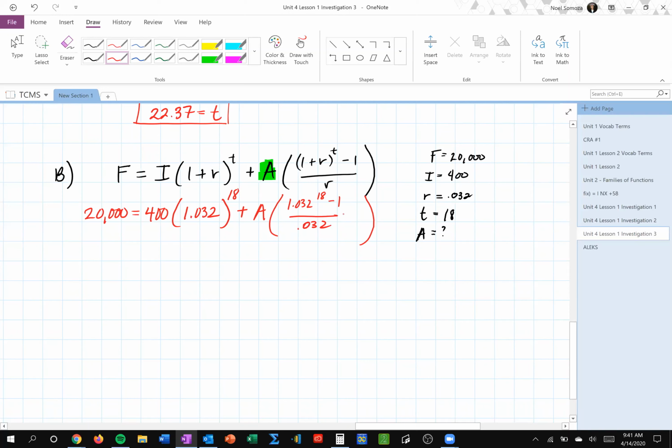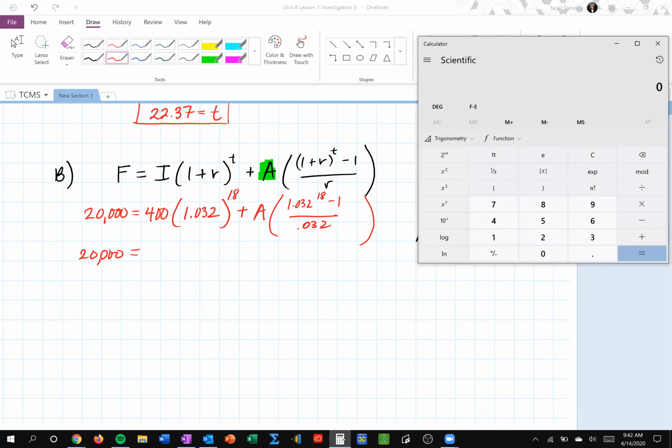Let's clean up as much as possible. Let's bring down 20,000 and multiply all this through, starting with 400 times 1.032 to the 18th power.